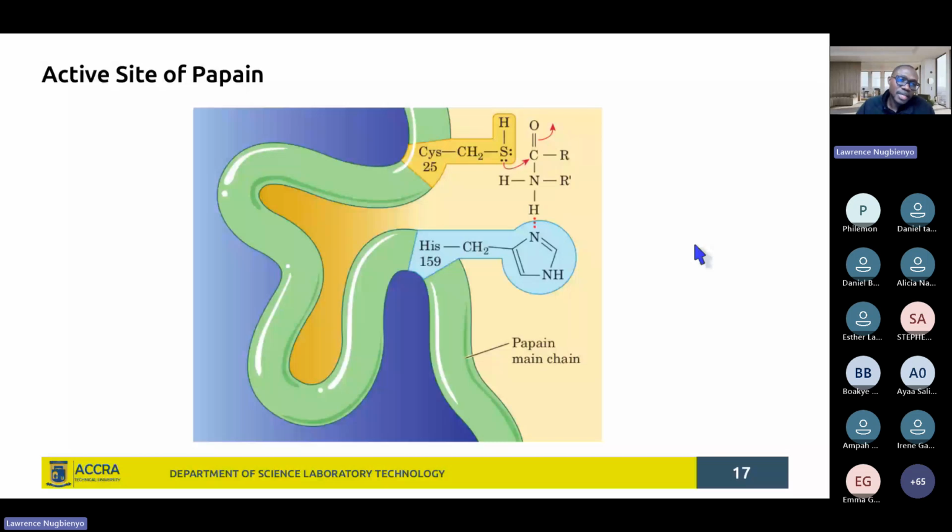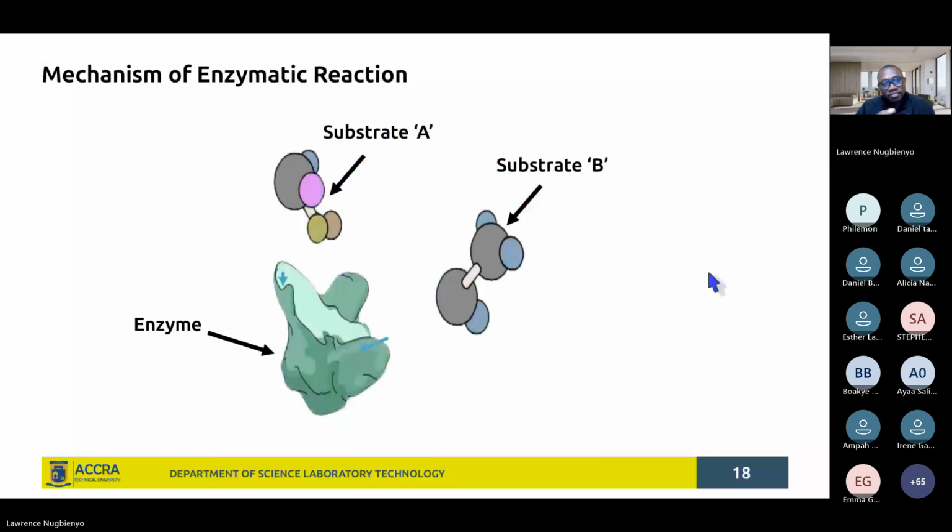Now, generally, when you're looking at the mechanism of an enzymatic reaction, and this is an enzyme, the active site of the enzyme is the pocket we are seeing there.